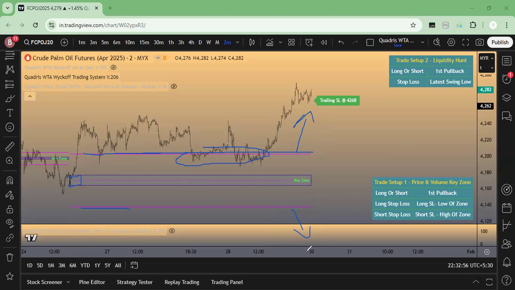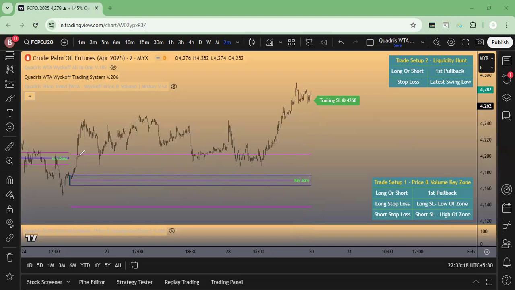Anything below market bottom would be a bearish market. Remember this. Anything within this key zone is indecision and consolidation taking place. We'll look into another example as well to substantiate my say.